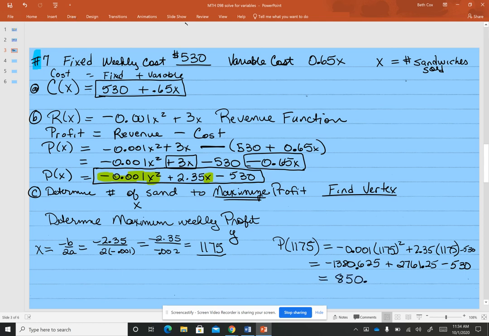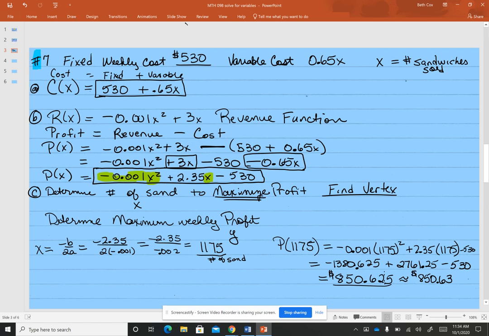I get 850.625. That's the profit. Now the question is asking for you to round because this is money. This profit is money, and this is the number of sandwiches. So when I round this to money, it's going to be $850.63.